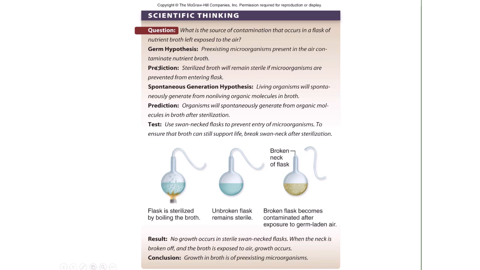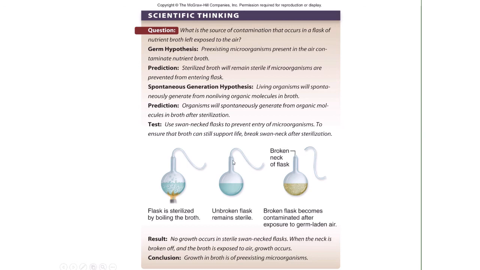And he predicted that if the broth is sterile, if you killed everything in it by heating it up first, then the broth will remain sterile if you don't let new microorganisms go into it. So he heated up the broth, and the broth was now considered sterile, and he had two flasks.